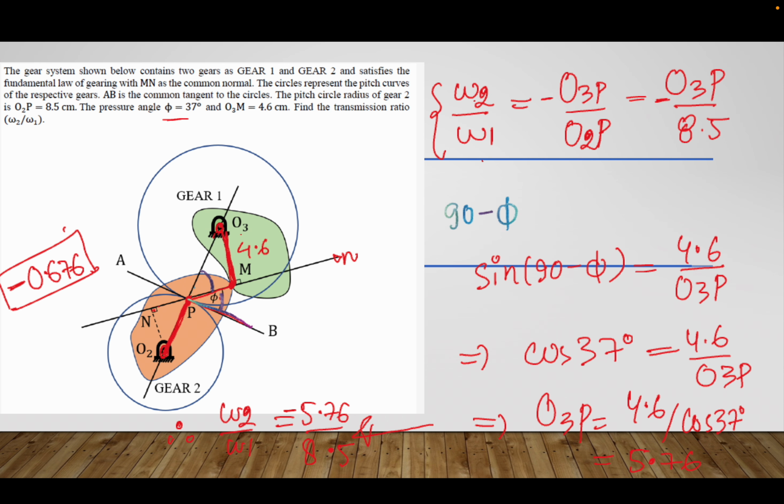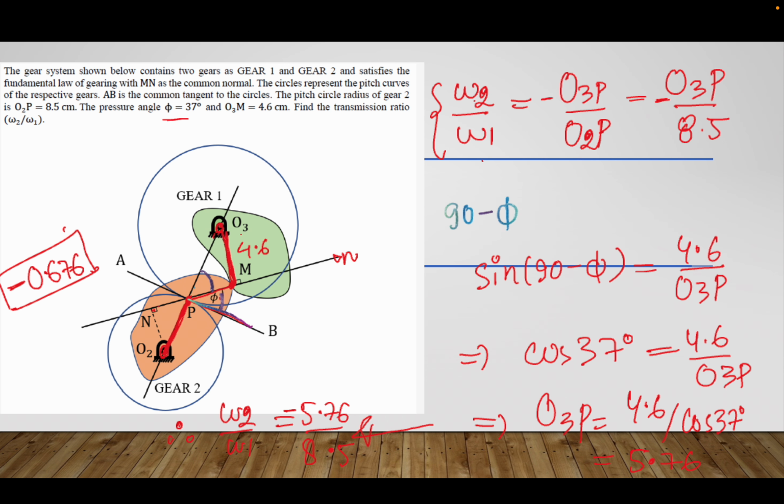The pitch circle radius of gear 2 is O2P equal to 8.5. The pressure angle is 37 degrees, and O3M is given as 4.6. So find the transmission ratio omega 2 upon omega 1.